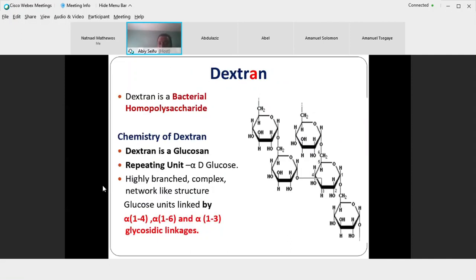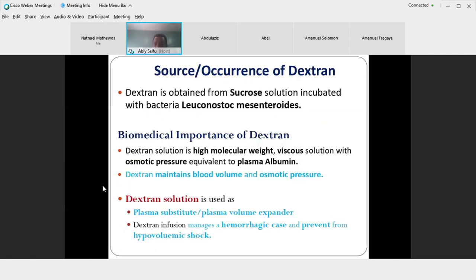The other is dextran. Okay, first one is dextrin, and this is dextran. Dextran is a bacterial homopolysaccharide, which is made from glucose. Where it is found, as I mentioned earlier, it is found in bacteria. But what's the biomedical importance of dextran?